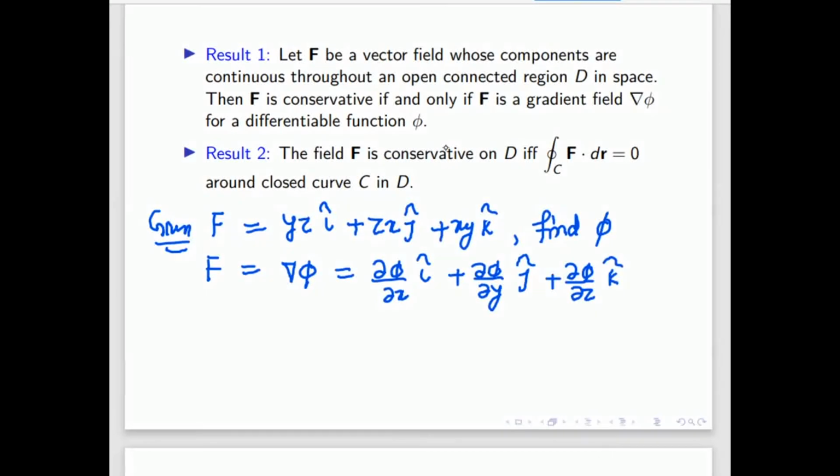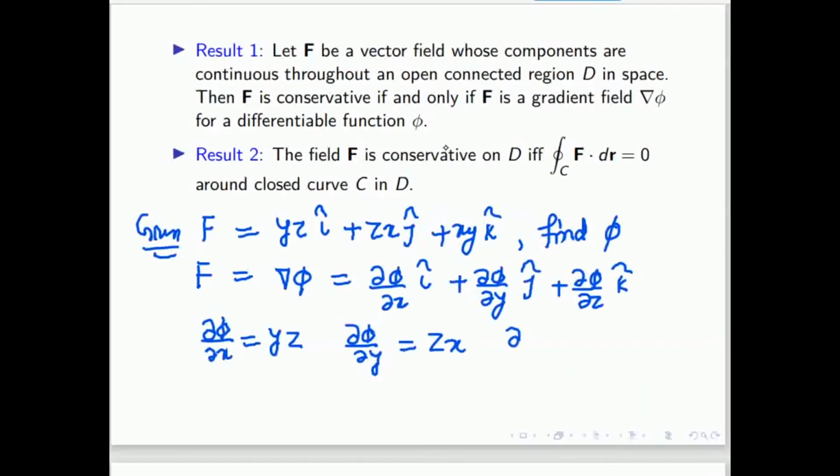So can we say that del phi by del x will come yz, del phi by del y will come zx, and del phi by del z will come xy. So from this we have to calculate phi. So how to calculate phi? We have to integrate this with respect to x, we will get phi.